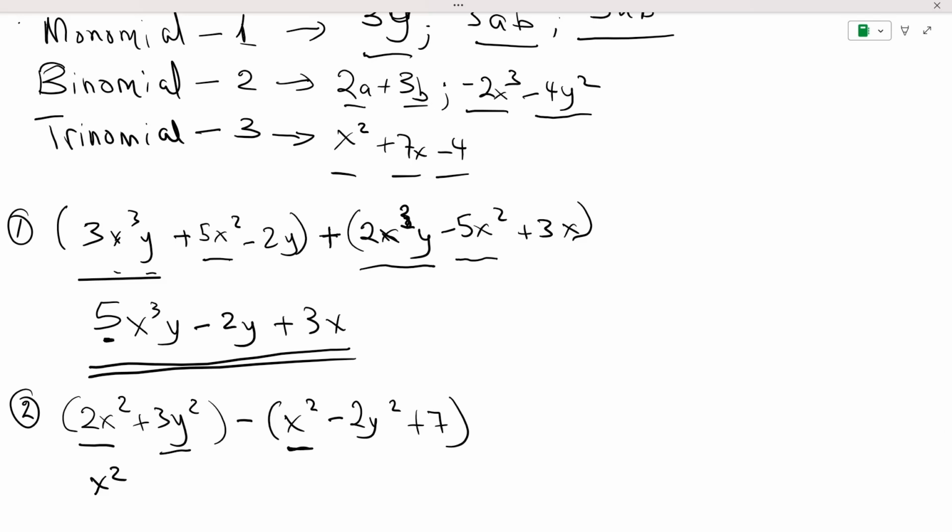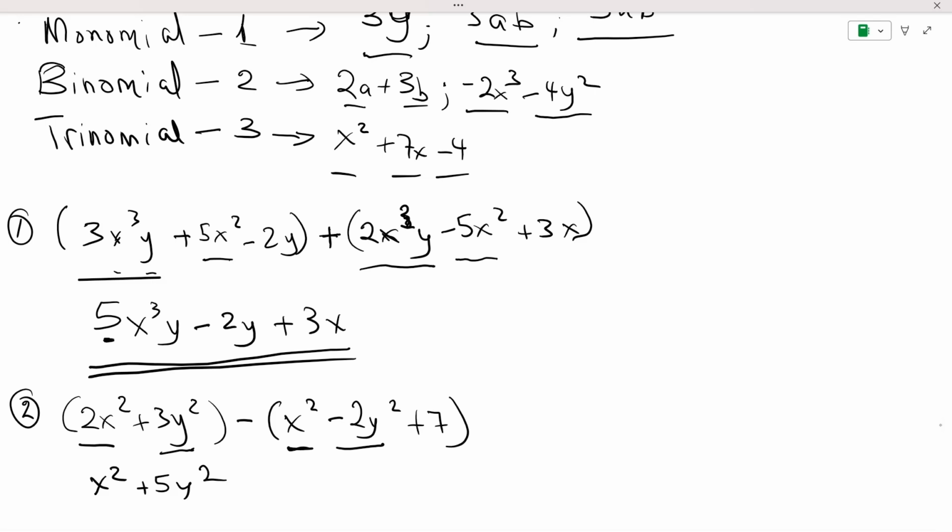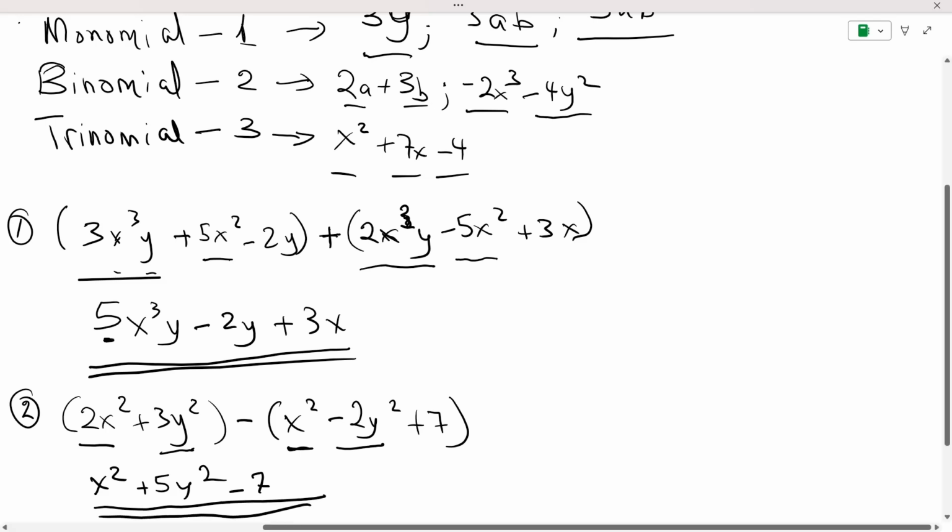So we have here 3y squared, and here we have minus 2y squared. So this is 3y squared minus minus 2y squared. Minus becomes positive. So this gives us a total of 5y squared. And finally, we have a 7 here, and we just have to say minus 7. And so this gives us our final answer.